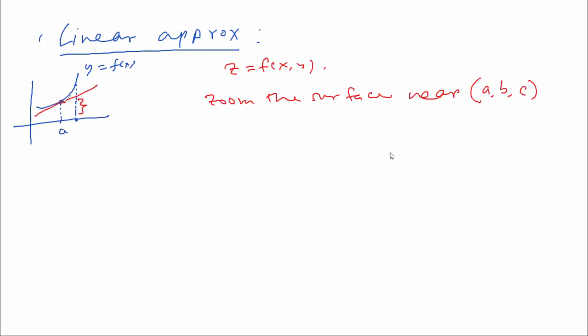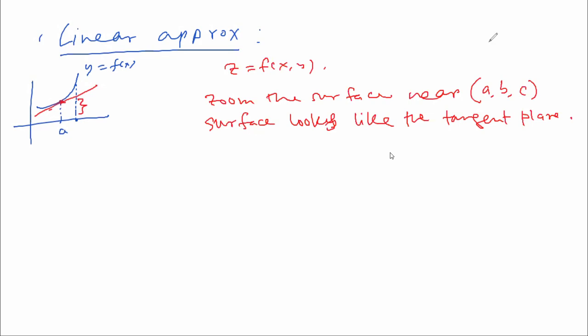Similarly, if you zoom near this point, any curve would look like a line. The surface looks like the tangent plane. That means the height of the tangent plane is approximately the height of the actual surface. So that's the way you do the linearization.